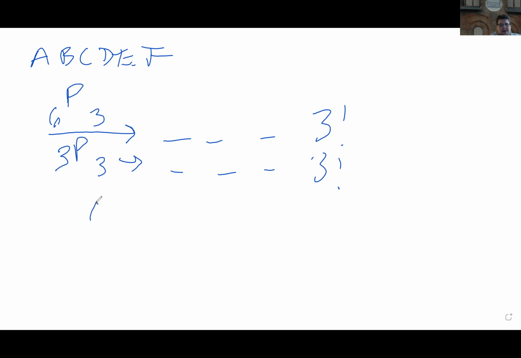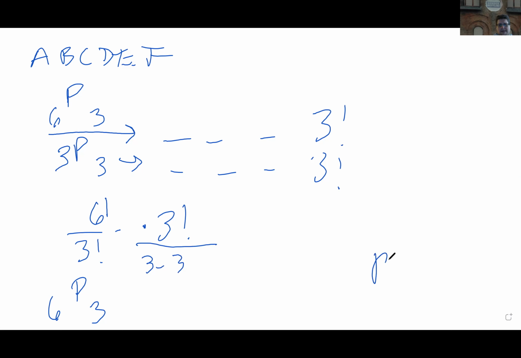So we got 6 factorial over 3 factorial. That's 6p3. And it should be multiplied by the other one. There are 3 factorial ways to do the bottom row, which is 3 factorial over 3 minus 3 factorial, because p is n factorial over n minus r factorial.